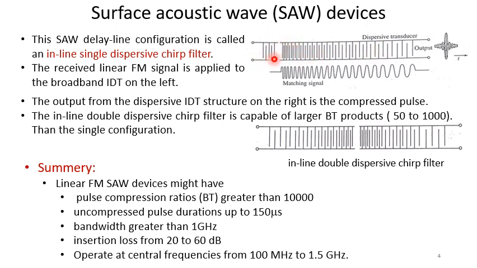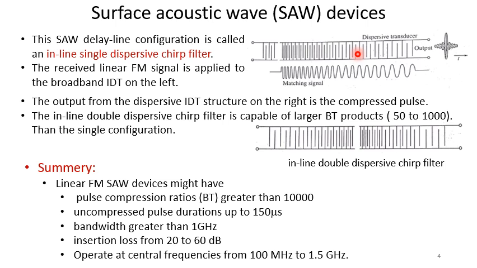So this is the input side, this is the output side. The dispersed linear FM signal is applied to the broadband IDT on the left. The output from the dispersive IDT structure on the right is the compressed pulse.